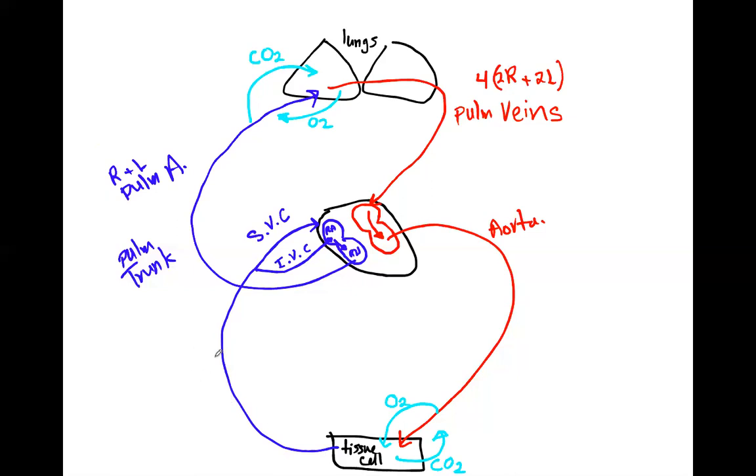So by looking at this picture, we just completed 2 cycles, right? Pay attention to this, guys. One cycle is from the left side going to the tissue and going to the right-hand side. And the other one starts from the right-hand side, going to the lungs and coming back to the left side of the heart. So they actually have a very particular name.